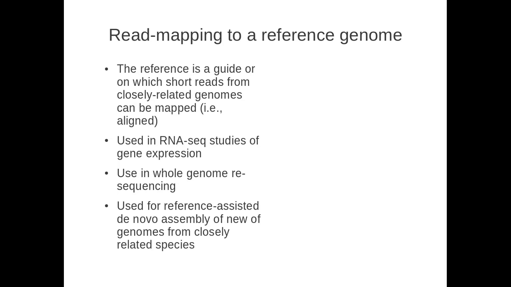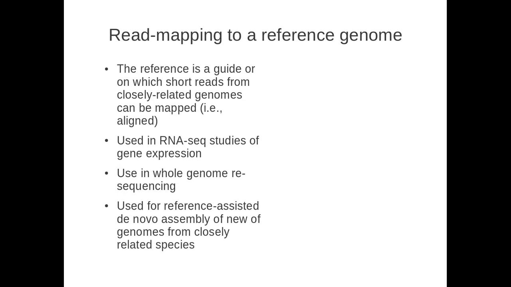Obviously, it's used in whole genome resequencing. What we mean by resequencing is essentially sequencing over and over again multiple individuals of the same species, so this is the field of population genomics.